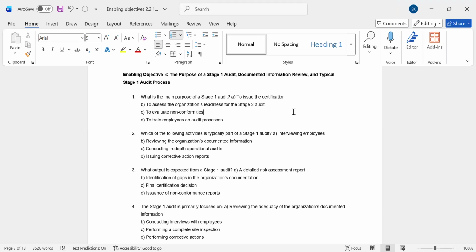Check the organization readiness. Okay, sir. Got it. So in stage 1, whether all the documents are available is reviewed, whether it meets the standards requirement is reviewed, and then a decision is made whether we can go to stage 2 to check the implementation and the effectiveness of the implemented management system.